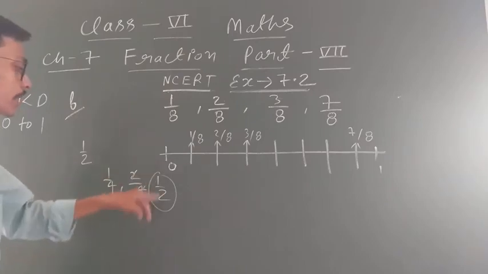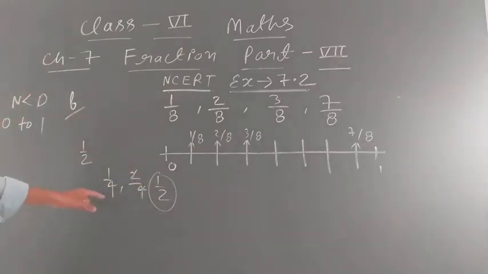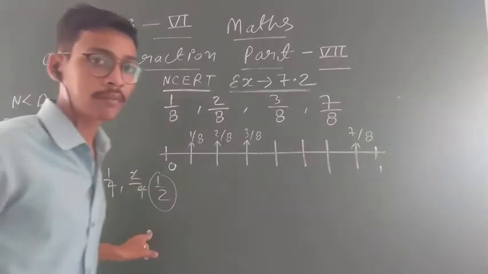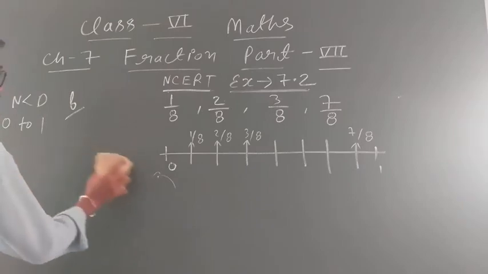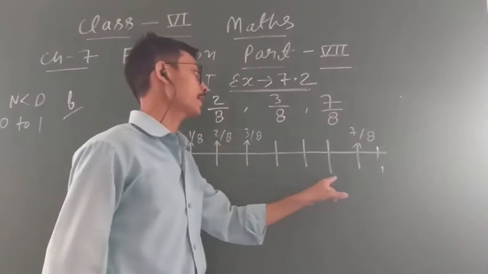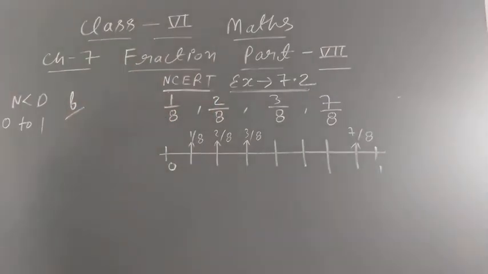When you reduce it, it will come 1 upon 2. So don't be confused. This I am talking about the first question. Similarly here: 4 upon 8, 5 upon 8, 6 upon 8, 7 upon 8, and this one is 8 upon 8. So this is our number line.